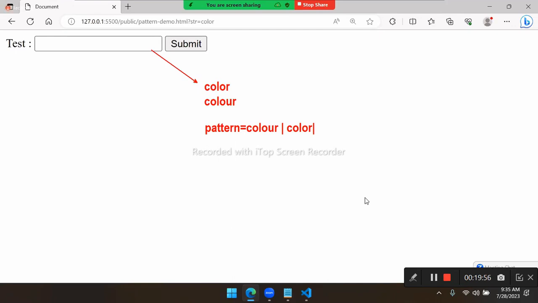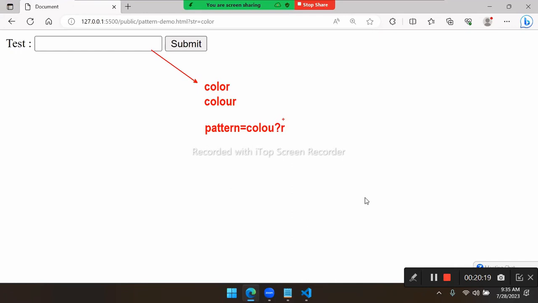You should not write all 10 words. Then how do we write? We write logically like this: COLO, U question mark, R. This indicates it is going to allow two spellings, COLOR without U and COLOUR with U. That is the regular expression.